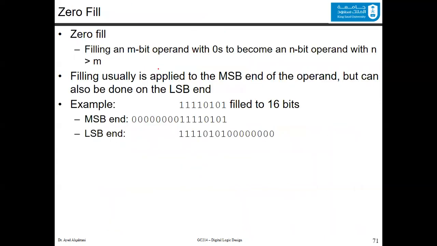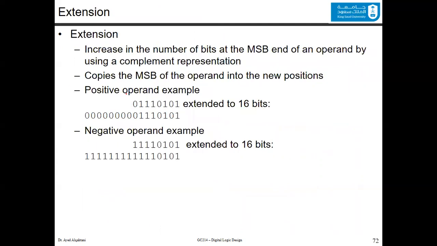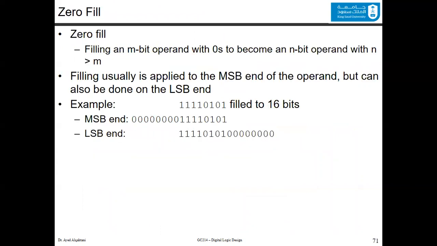Now the last 2 ideas are the zero fill and the extension. They are very close to each other. The zero fill, you fill an m-bit operand with zeros to become an n-bit operand with n larger than m. So let's say that you want to have this number that has 1, 2, 3, 4, 5, 6, 7, 8 bits, and you want to fill it to 16 bits.